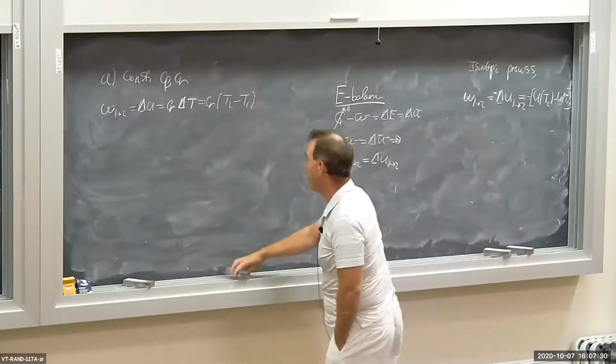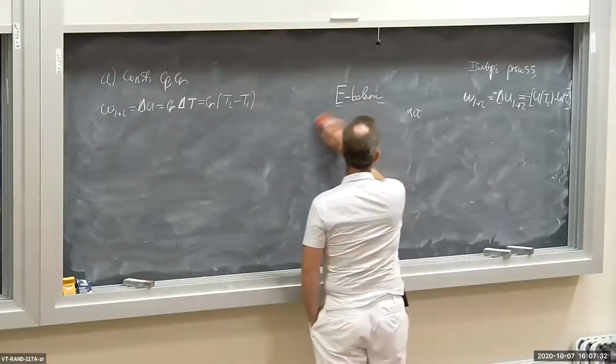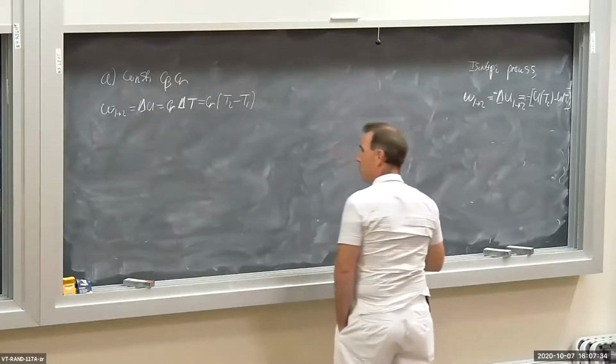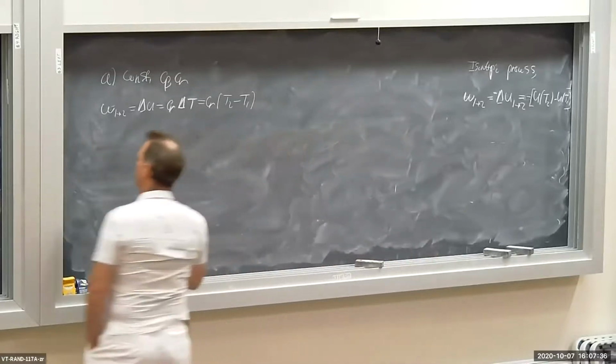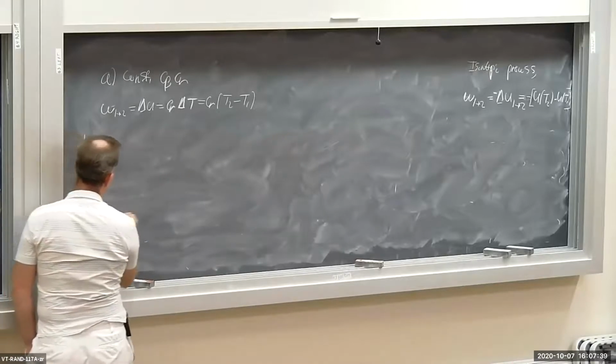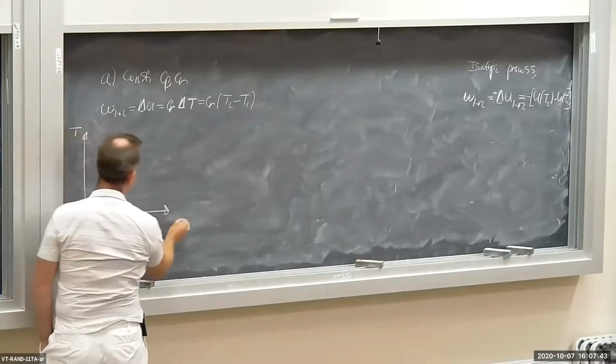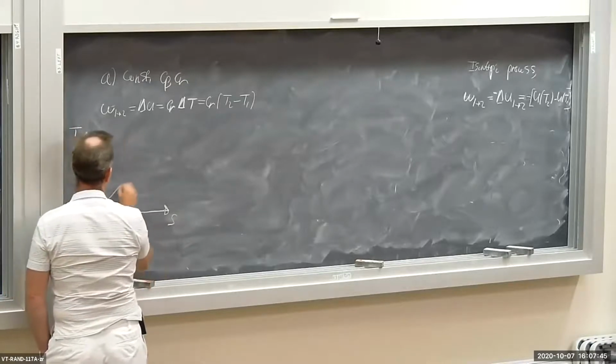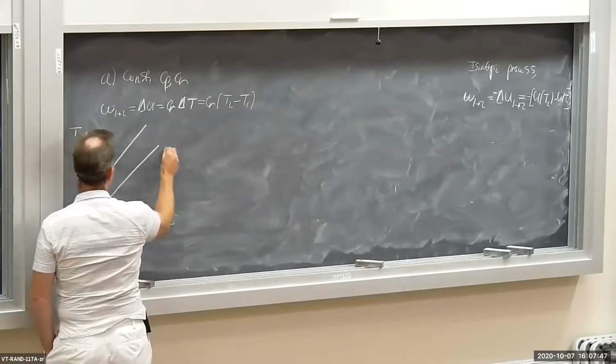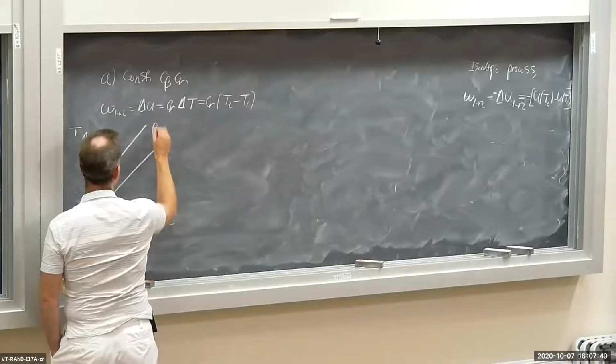Now remember, the process here is an isentropic one. So if I have a TS diagram, temperature, specific entropy, and here are my isobars. So here's P1, here's P2.